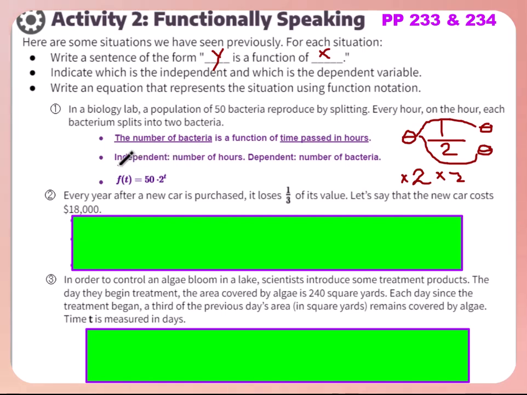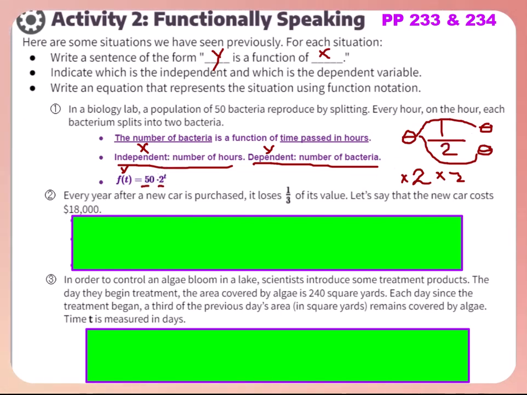The independent is our x, and our dependent is our y. Okay, so let's write this in an equation, or a function. So f of t, you can also call that y, is equal to the initial amount, 50. Our growth factor is 2 to the t.